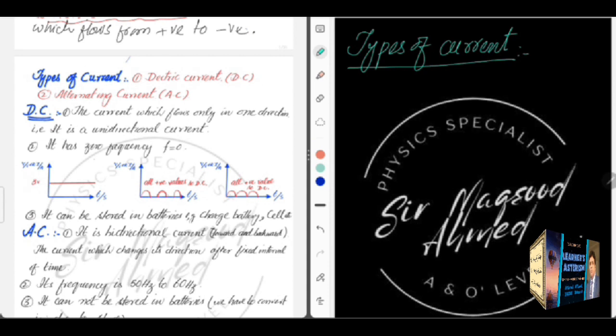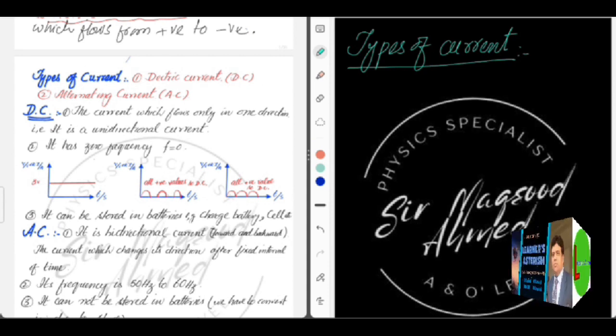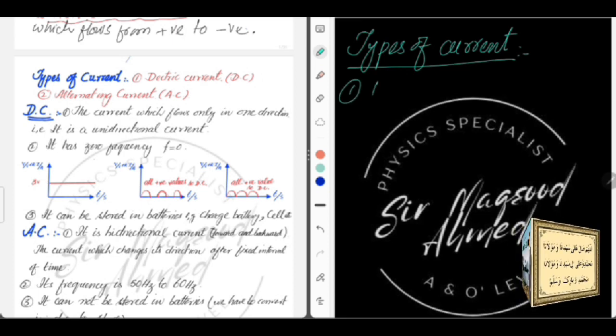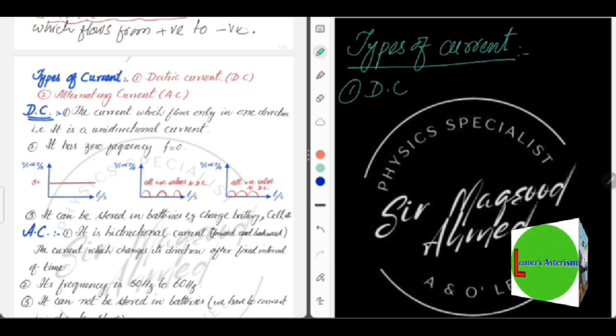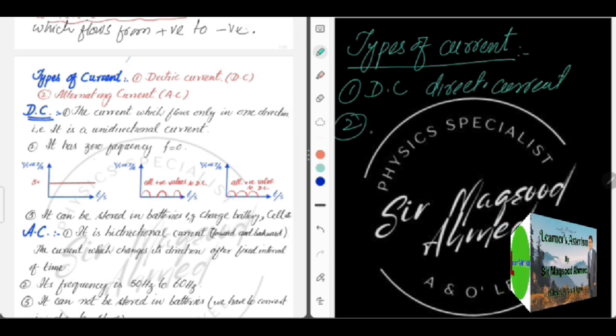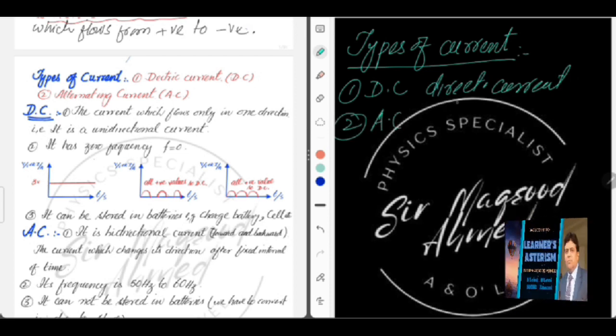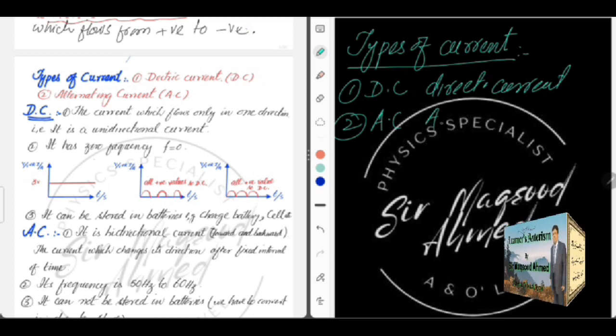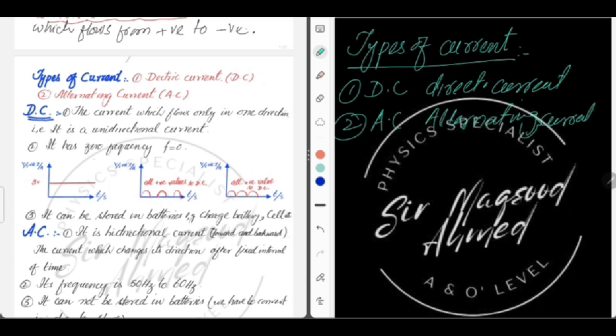Next we will discuss the types of current. There are two types of current. Number one, DC, which is direct current, and number two, AC, this means alternating current. Now first we will discuss direct current.